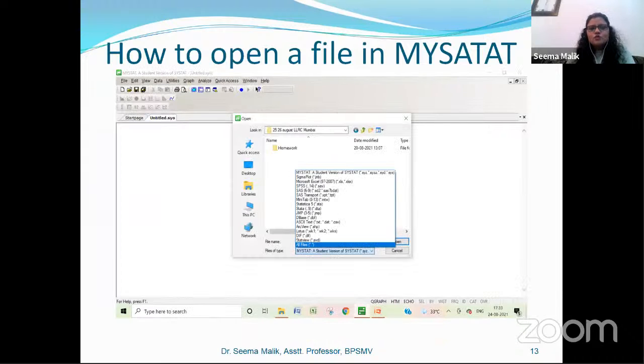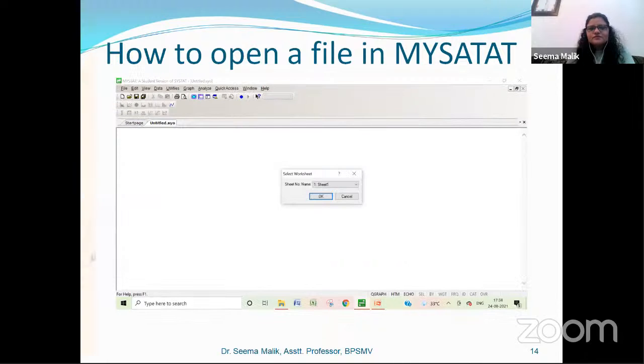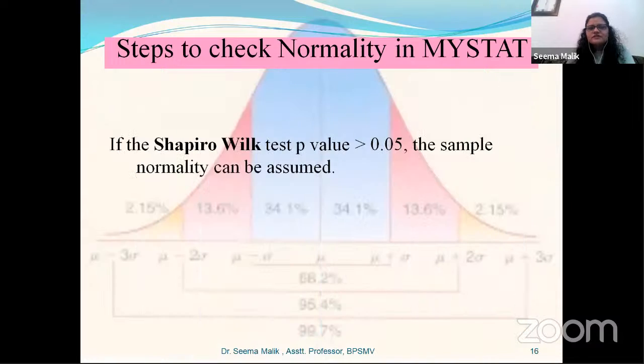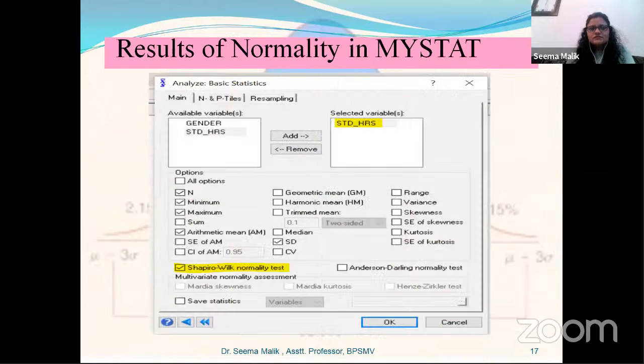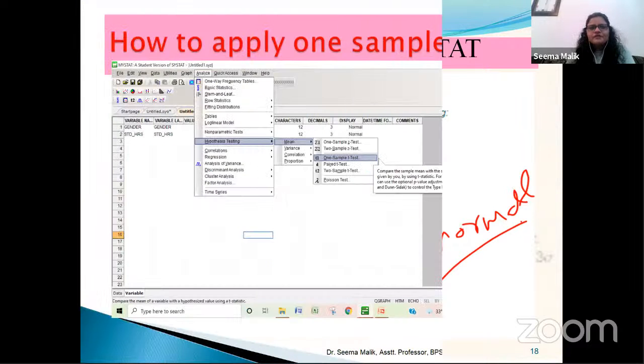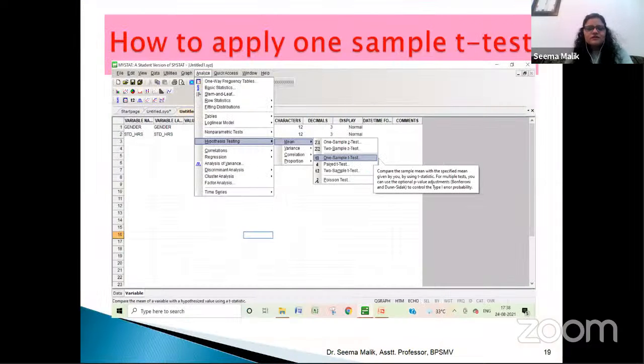These are the steps to check normality in MYSTAT. In the Shapiro-Wilk test, if the p-value is greater than 0.05, sample normality can be assumed. I have clearly mentioned everything in my PPT.